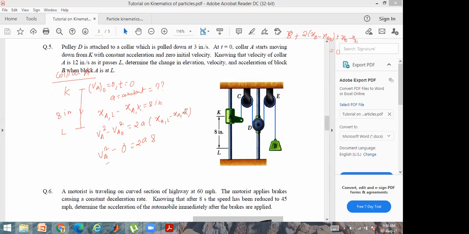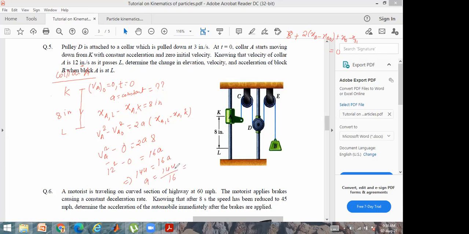So what is vA? vA is the final velocity at L, which is 12 in/s. Therefore 12 squared minus 0 equals 16a. 144 equals 16a, so a equals 144 divided by 16, which is 9.